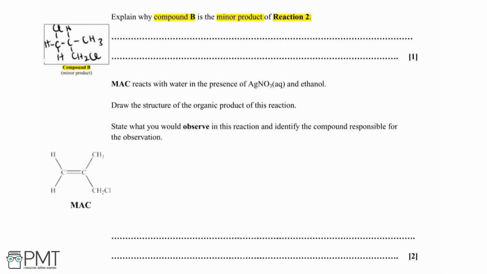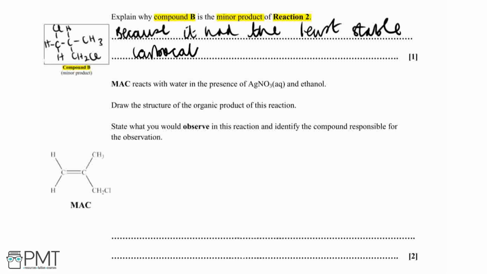And the reason why this was the minor product was because it went via the least stable intermediate. So it's because it had the least stable carbocation intermediate overall. And you need to say all of those points in order to get this mark for this question.